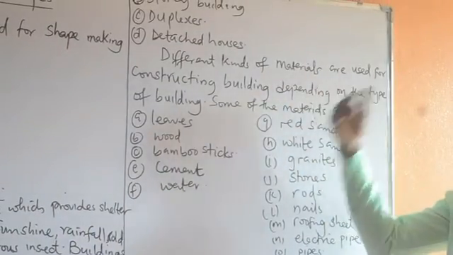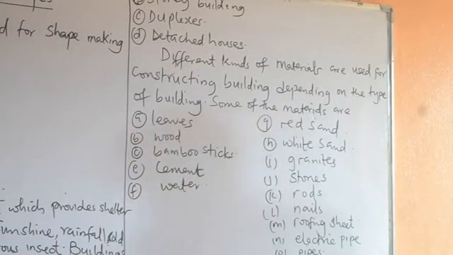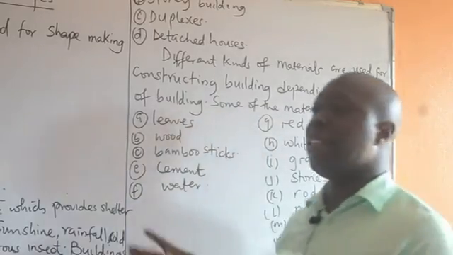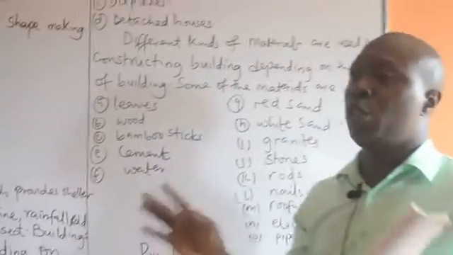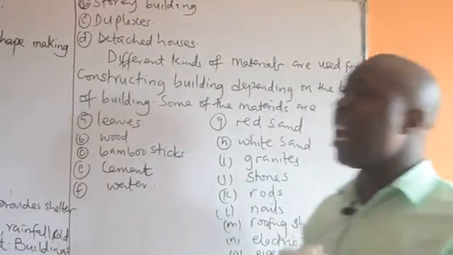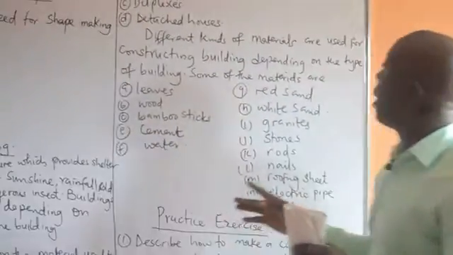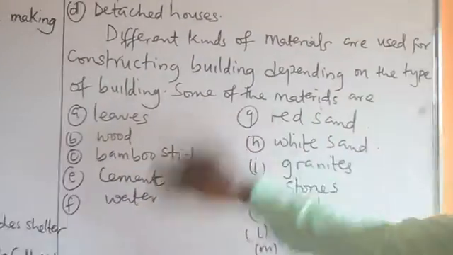Different kinds of materials are also used for constructing buildings. When someone has made up his or her mind to build a house, there are different types of materials that can be used depending on the type of building.